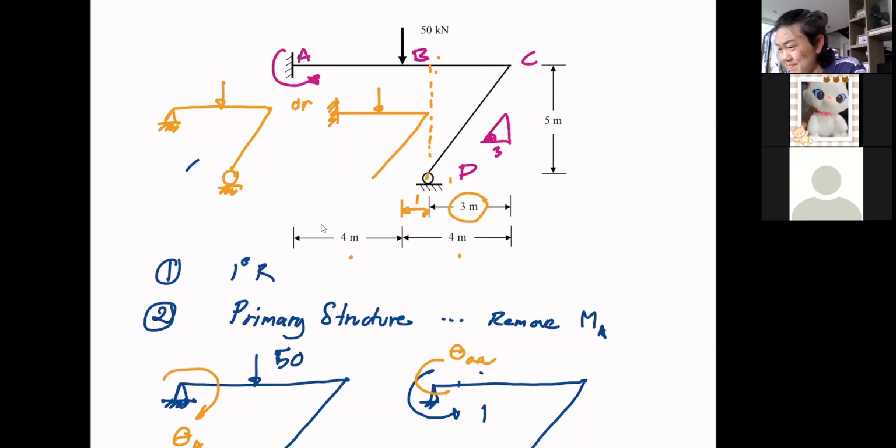This must be 4 meters from the original, because I prefer a 3, 4, 5 triangle. This is 4, not 5. So please correct that. Okay, so this is 4, so that's 5. So it's a 3, 4, 5 triangle. So cosine is 3/5.